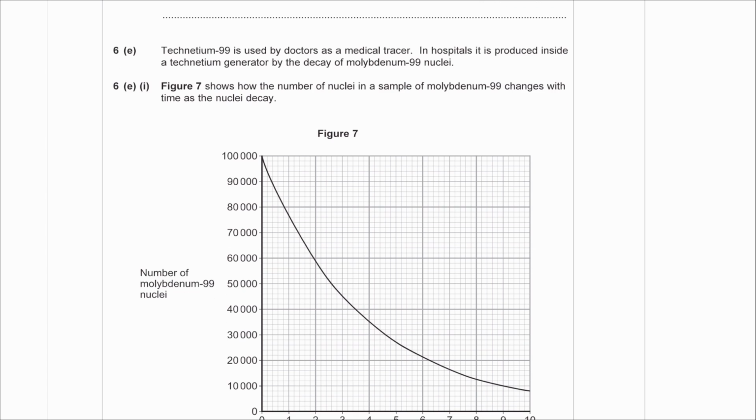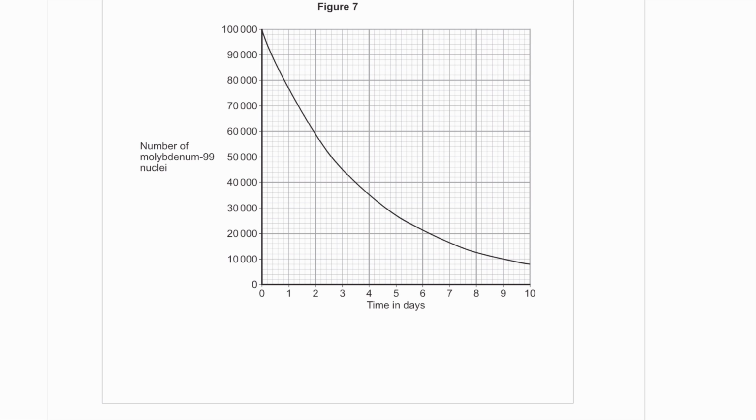So it says 80%. Luckily we start at 100,000, which makes this calculation pretty simple. When 80% has gone, we have 20% left. And 20% of 100,000 is 20,000, which is down here, and there it is on the graph.